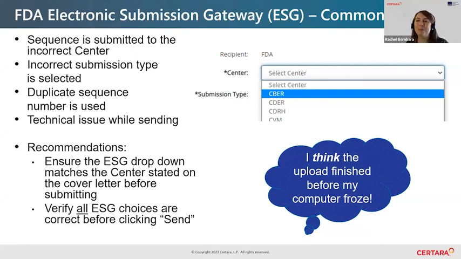But also make sure that you're double checking those drop downs once you've selected the items on the actual ESG page. So a way to double check is to check that the center that's been selected matches what's listed on the cover letter. And after you've made your selections, before you click that final send button, just do a quick double check.